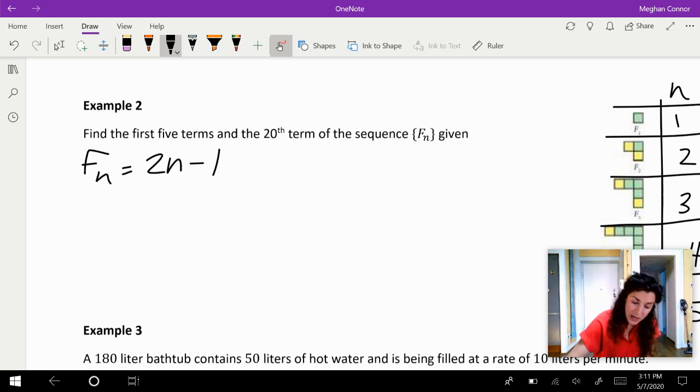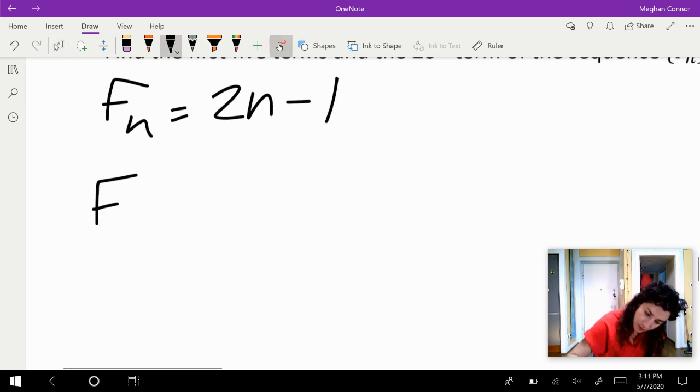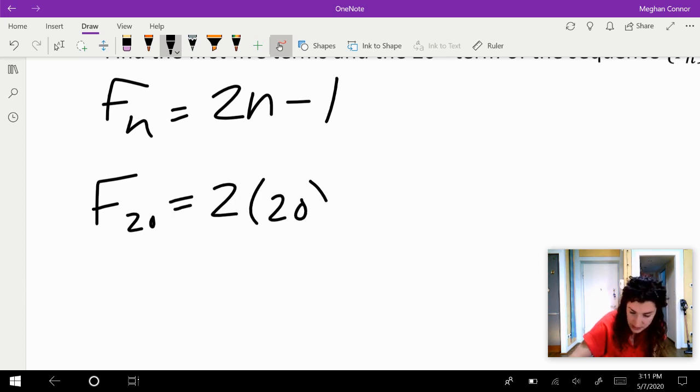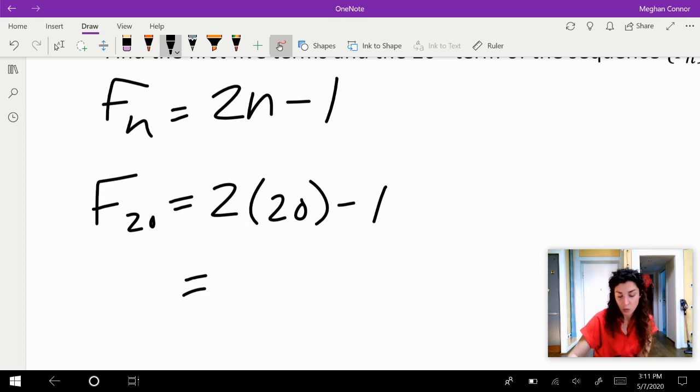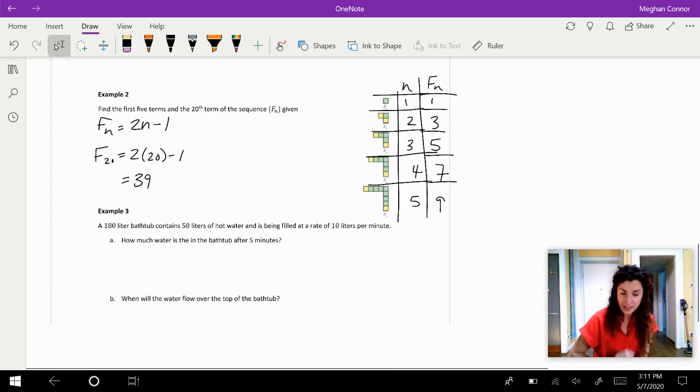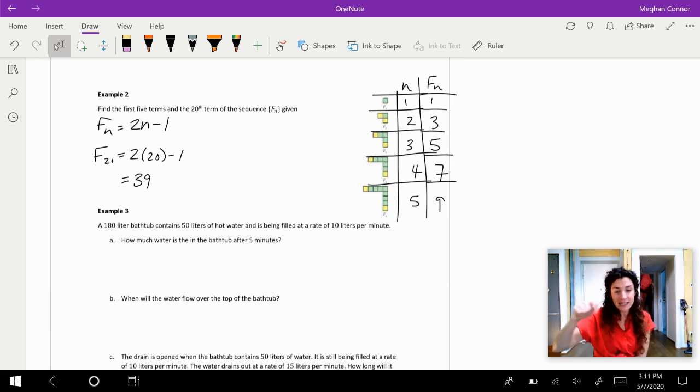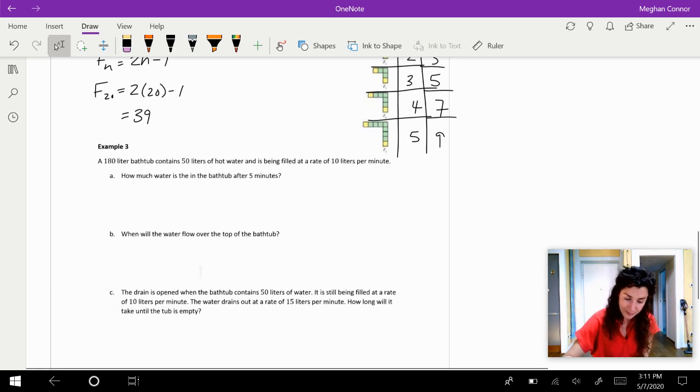So in order to find the 20th term, f sub 20, I'm going to do 2 times 20 minus 1, which is 40 minus 1, so 39. Much easier than having to keep counting them up all the way.